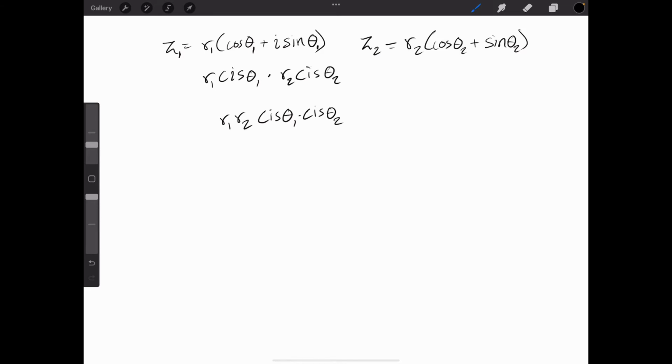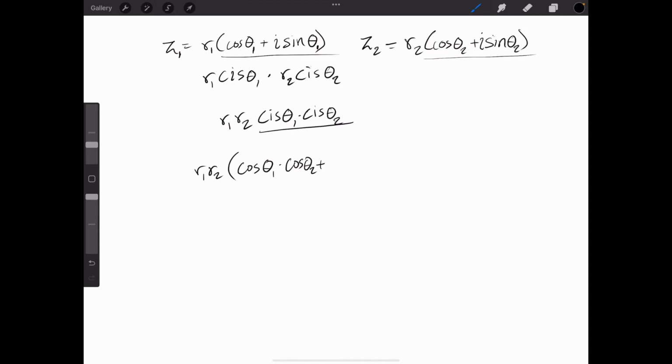So let's expand this part. Let's take R1 and R2 out, so R1 R2 in parentheses. We're basically multiplying this times this. So cosine theta 1 times cosine theta 2 plus, sorry, I actually forgot the I up here in the z2.